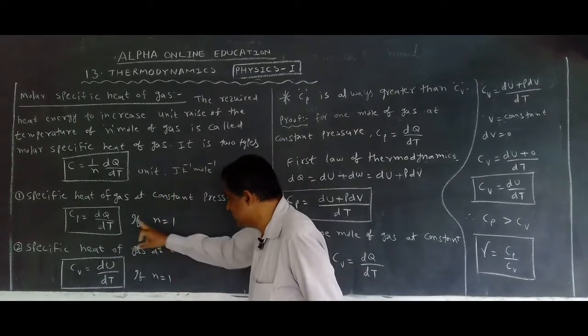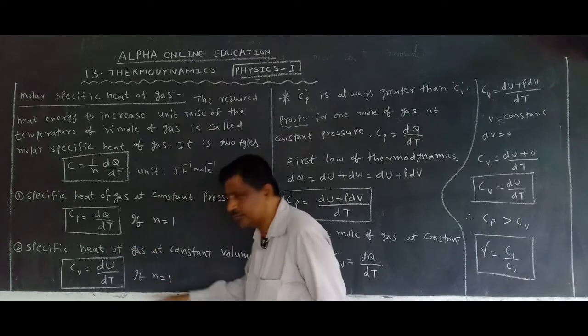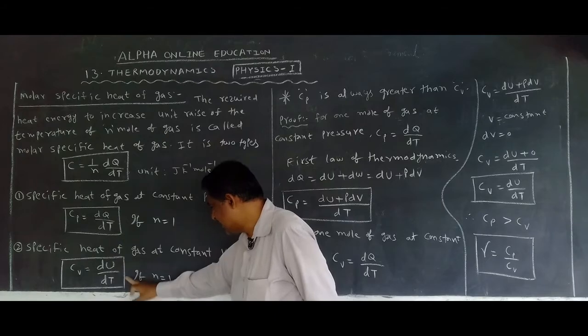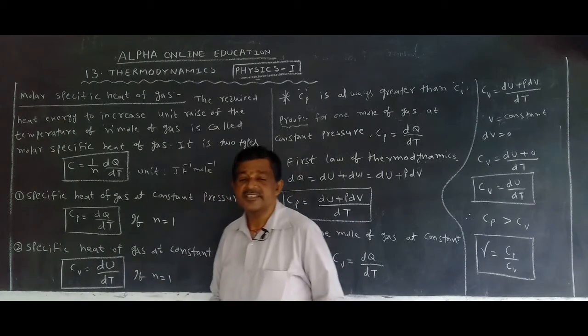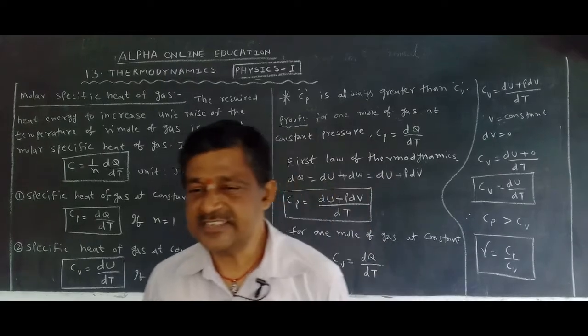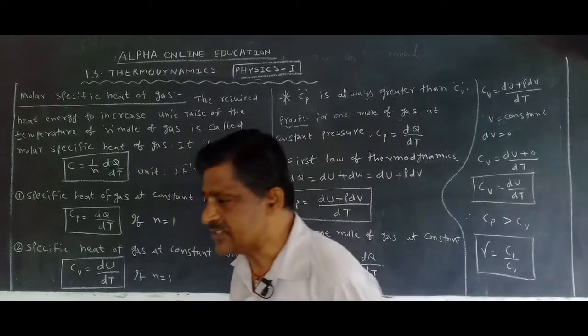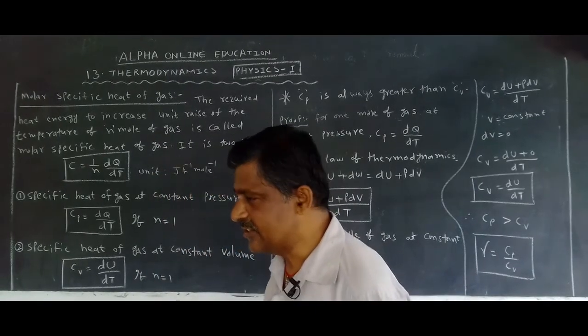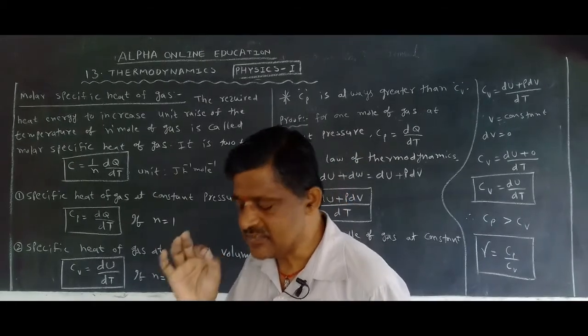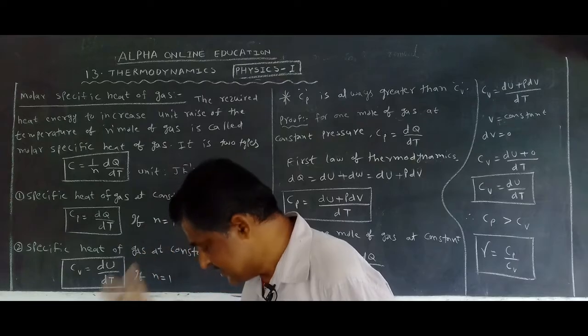So if we look at these two, we expect this is greater than this. Means Cp is always greater than Cv.